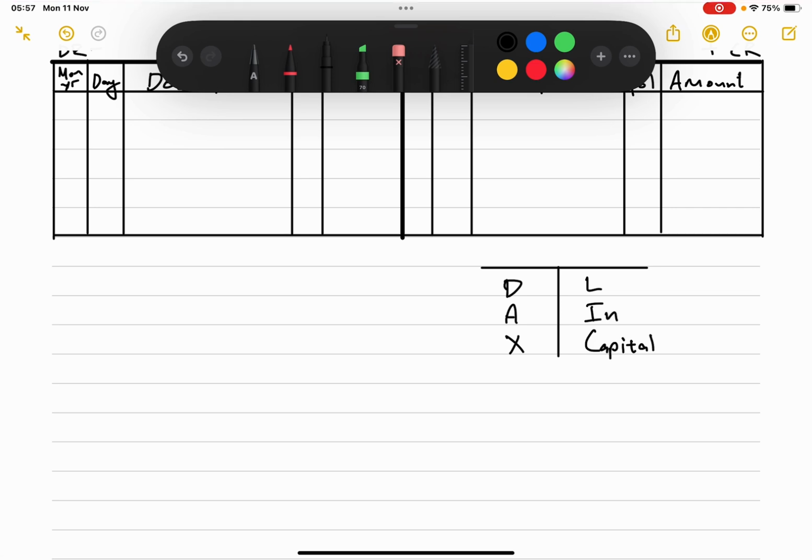And then this is income, your liabilities, and then this is going to be your drawings, your assets, and your expenses.